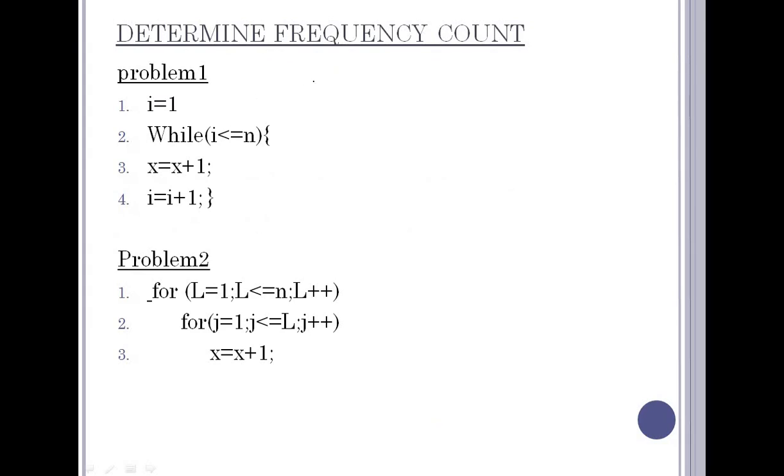Just take the first one: this is going to be executed 1 time. The next is n plus 1. The next one is n, and n. So if you add all these frequency counts or step counts, the total is 3n plus 2, which I am getting over here.